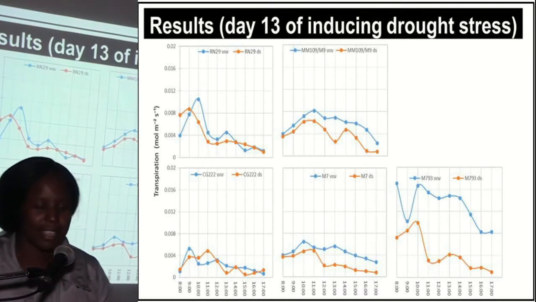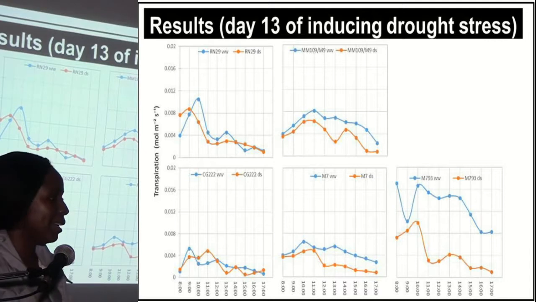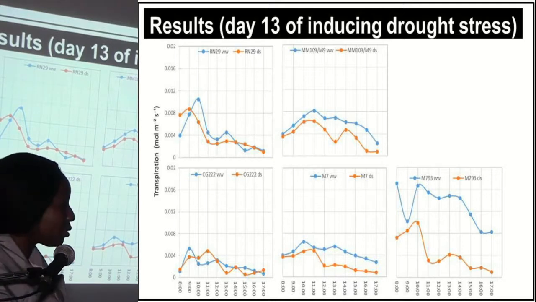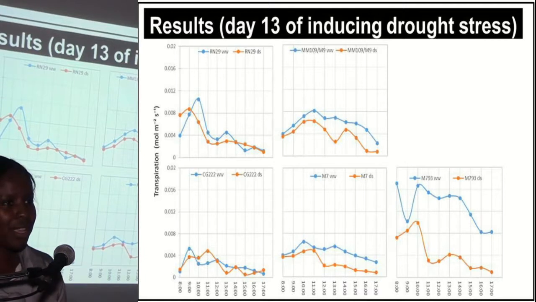And this indicates that these rootstocks have different mechanisms that they use to deal with water stress. For example, a rootstock such as CG222 may actually close its stomata during water deficits to prevent desiccation.